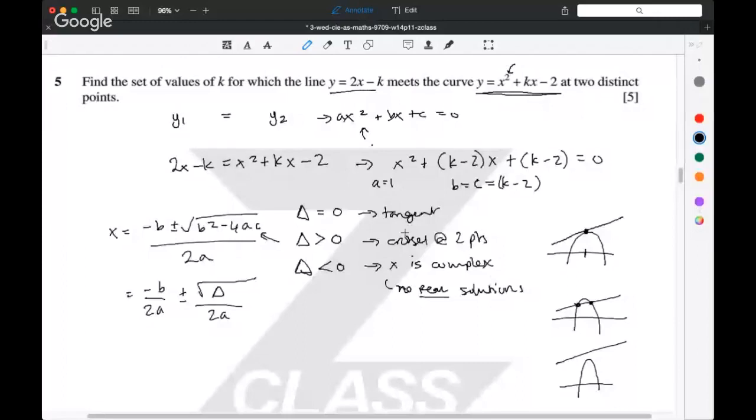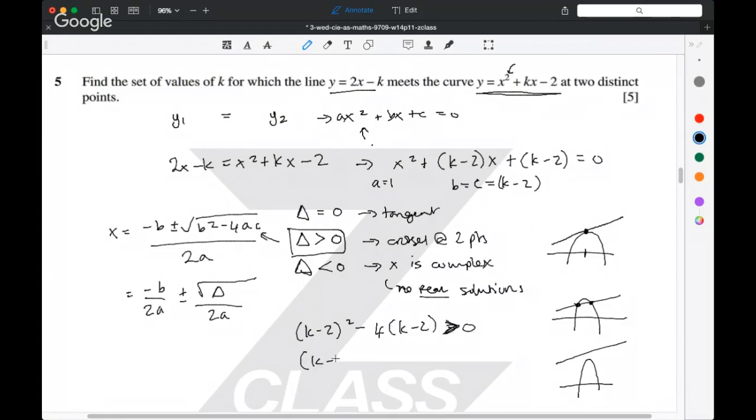So after all that, what are they asking us for? They're asking us for a value of k for which the lines cross at two distinct points. So this means we are in this regime. We require that b squared minus 4ac is greater than 0. In our case, that's k minus 2 squared minus 4 times k minus 2 is greater than 0.